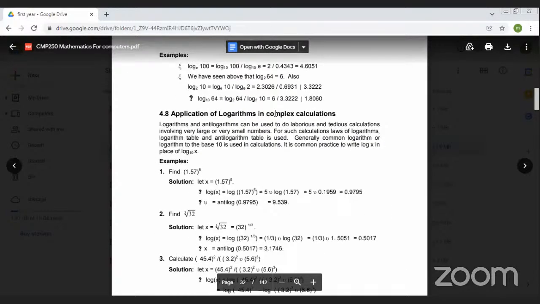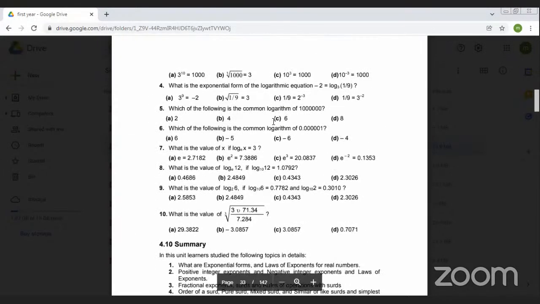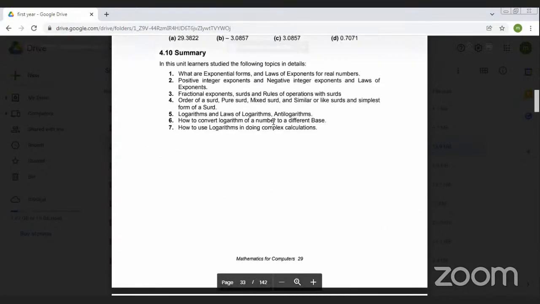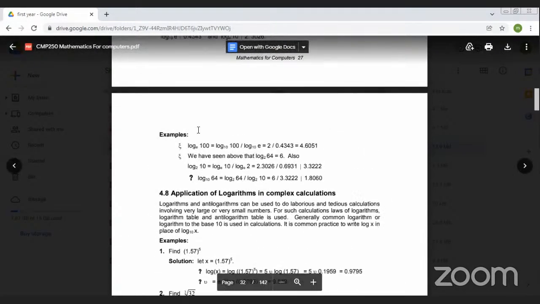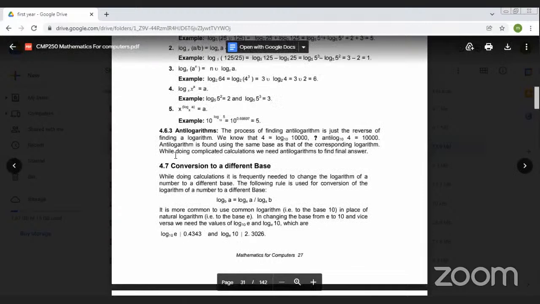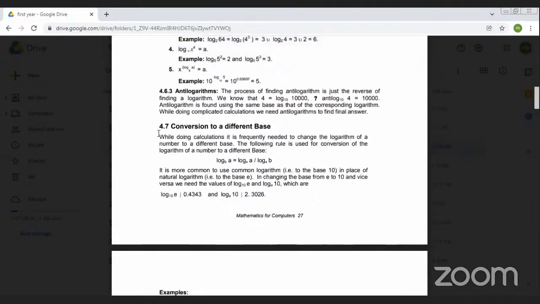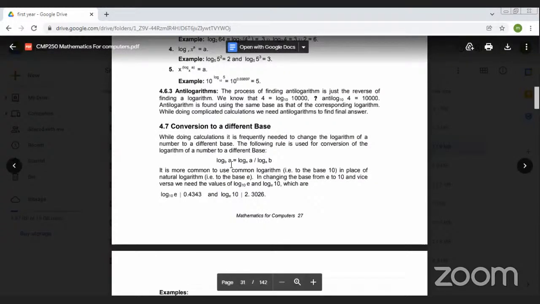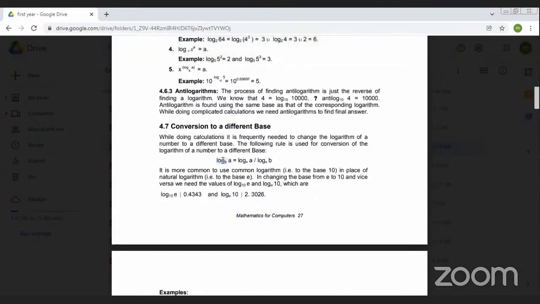Now, what is left? Only 2 topics are left. Then we have completed this part. Now, conversion to a different base. Here, see, log to the base b of a is there. You need to make it different bases of both.